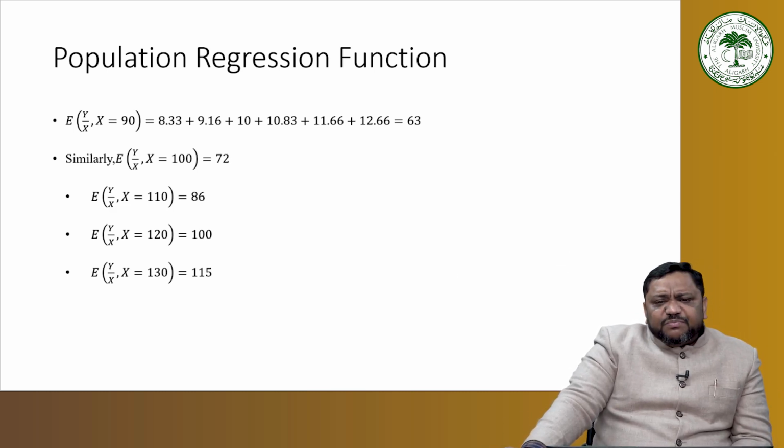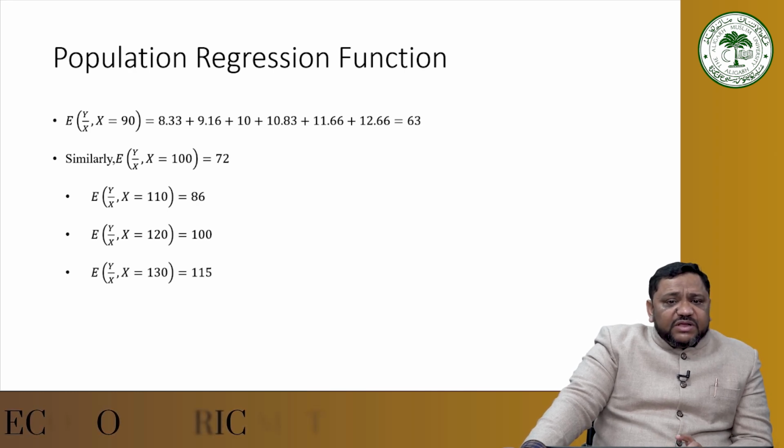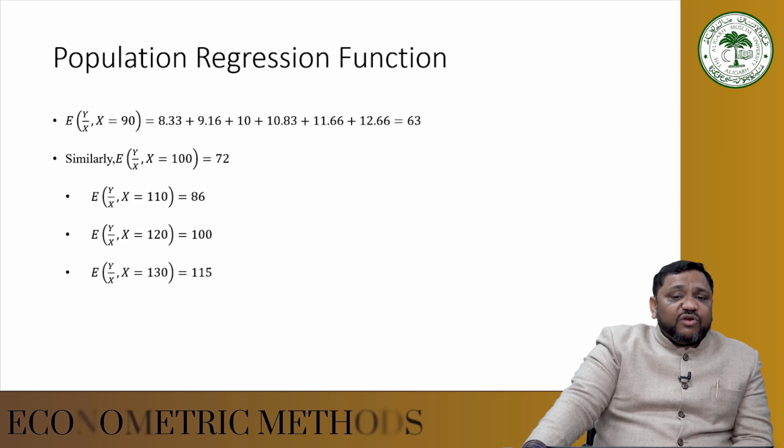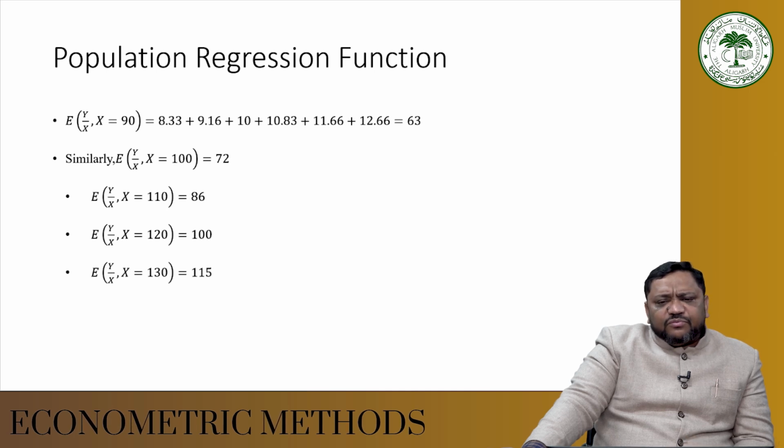If all the consumption levels had probability 1, that would be a different thing, and we would calculate a simple average. But here we have probabilities which are less than 1, that is 1 by 5 and 1 by 6. So we find the conditional mean.